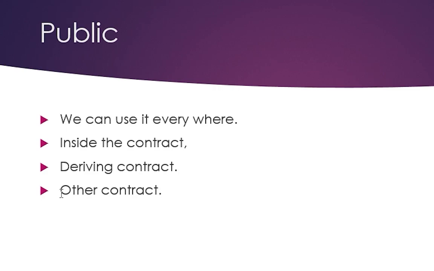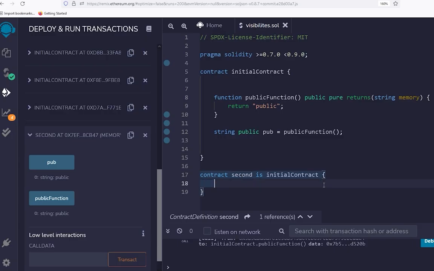And then the next is other contract. So now what it means? It means not the deriving contract, like we don't have to inherit it anymore and close this. We simply have to create an object for that. If you know the object oriented programming of any other programming languages, you maybe definitely know this concept of creating object of the classes, but this time you're going to create the object of the contract.